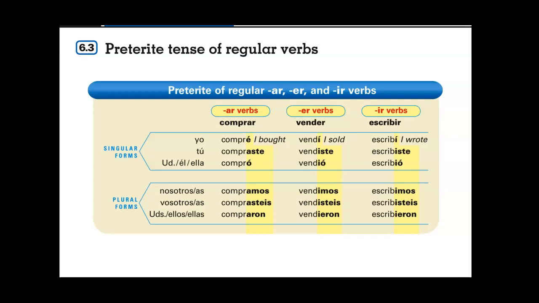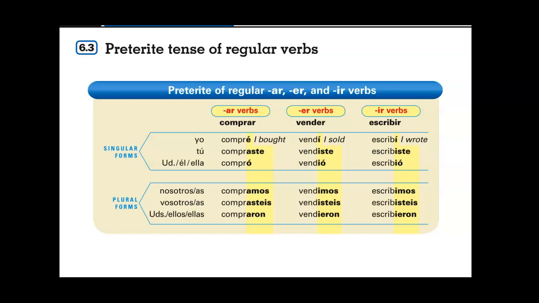Going back, I'll go over the pronunciation. For AR, you have yo compré, tú compraste, usted, él, ella compró, nosotros compramos, ustedes, ellos, ellas compraron. For ER, you have yo vendí, tú vendiste, usted, él, ella vendió, nosotros vendimos, ustedes, ellos, ellas vendieron.